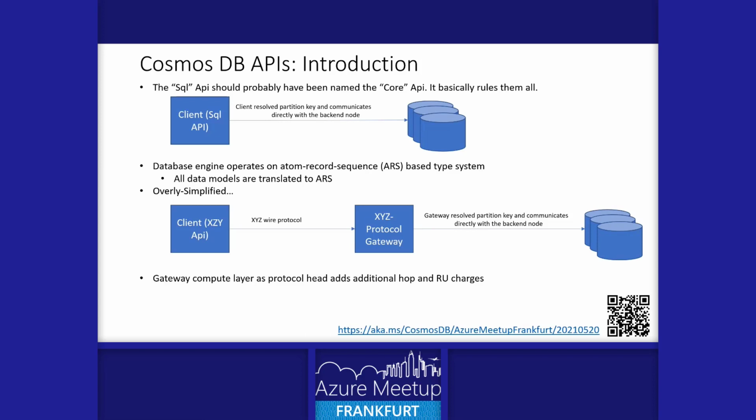We allow you to use a Mongo driver or a Cassandra driver, and most of the features will work. We document which features have constraints or don't work. But the important thing is the behavior is not identical because it's not a hosted instance of Mongo or Cassandra, but just a compute endpoint which translates the protocol and then uses Cosmos DB under the hood.